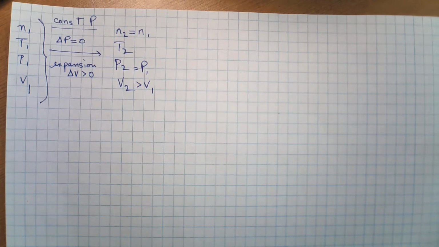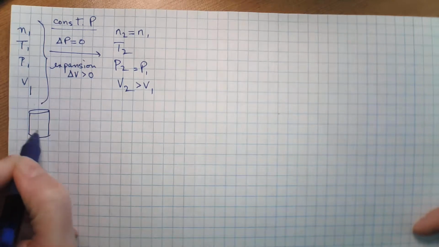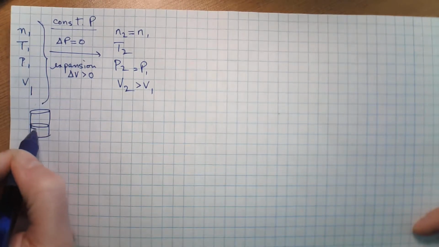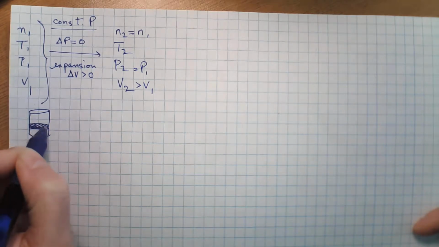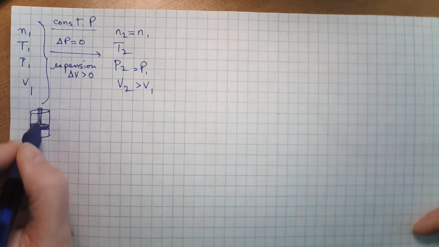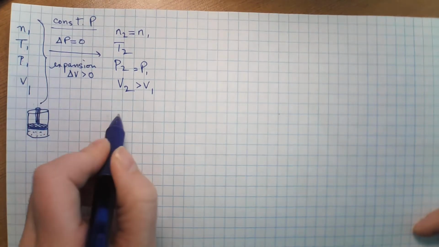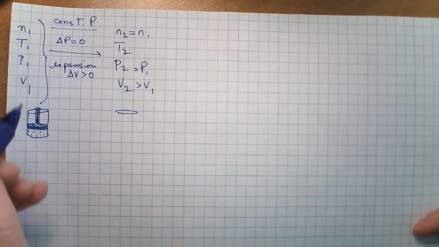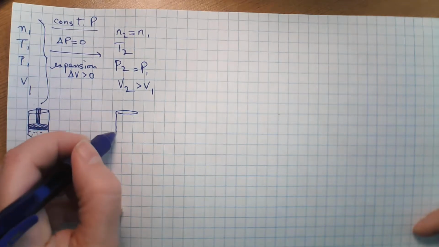I wanted to expand, so say I have my plunger here. The gas is in here, and I want it in state 2. I didn't write state 1 and state 2 at the top, but that's implied there.